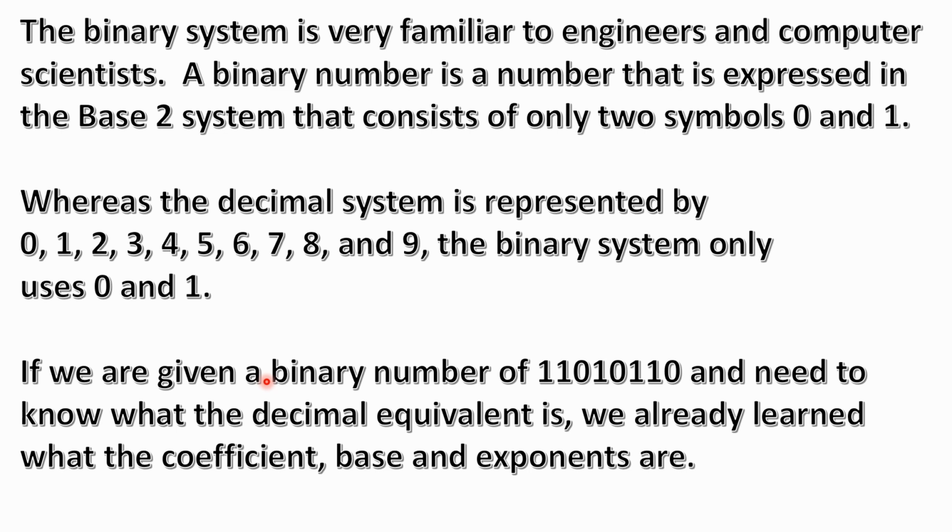If we're given a binary number, you may have seen problems like this. You've got a binary number, 11010110, and you would need to know what the decimal equivalent of that is. We already learned what the coefficient, base, and exponent are. We know this is a base 2 system, so it should be pretty simple.